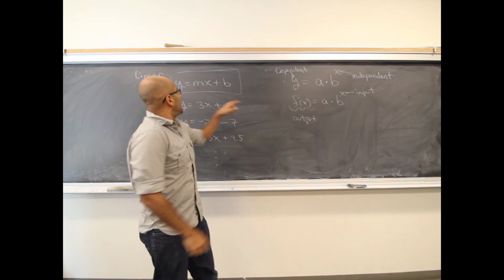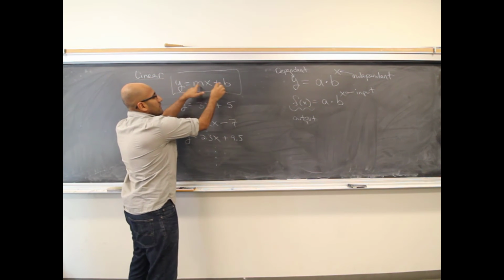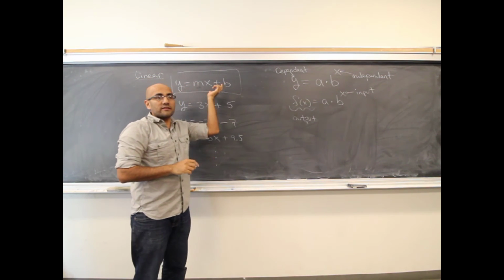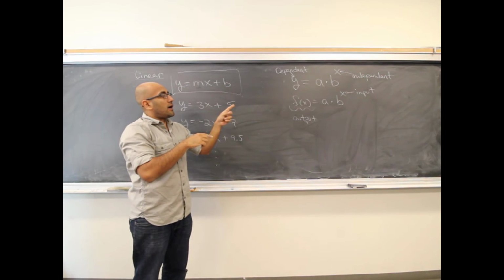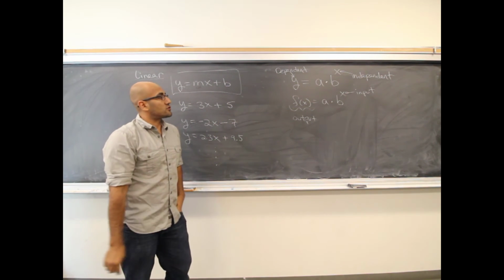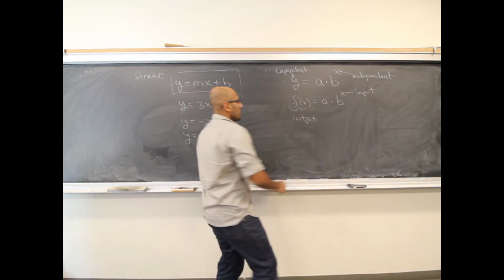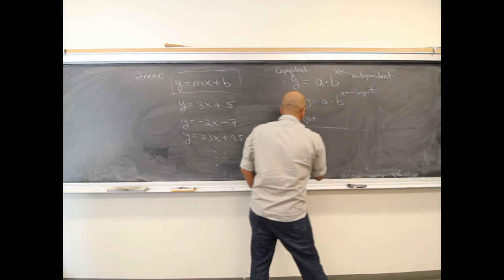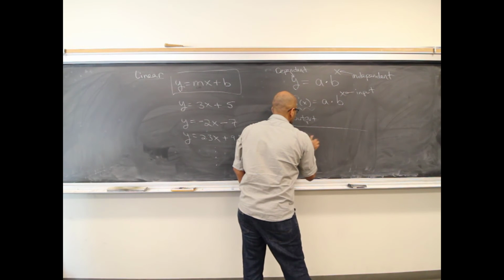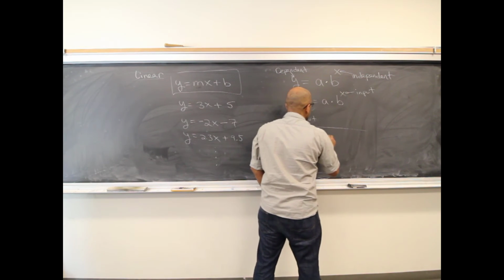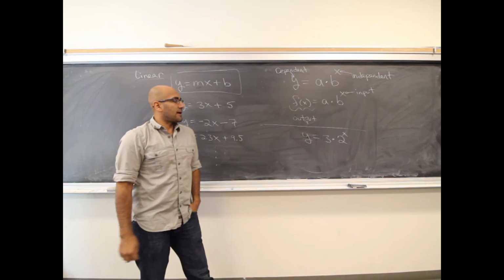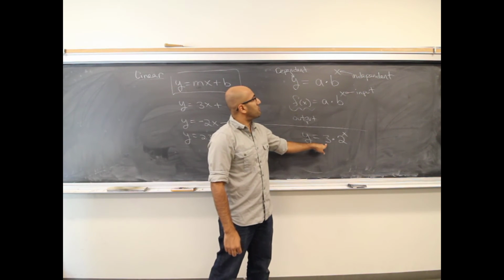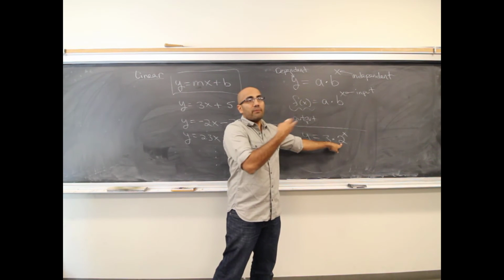The a and the b are kind of like the m and the b here. They're constants. So when we plug in a number for the a and the b, then we get a particular choice of an exponential function. So for example, we could have an equation described as y equals 3 times 2 to the x, for example. So here the role of a is being played by a 3, the role of b is played by a 2.